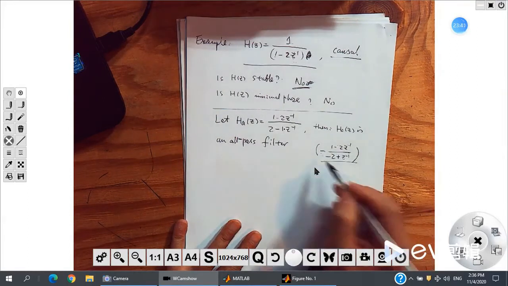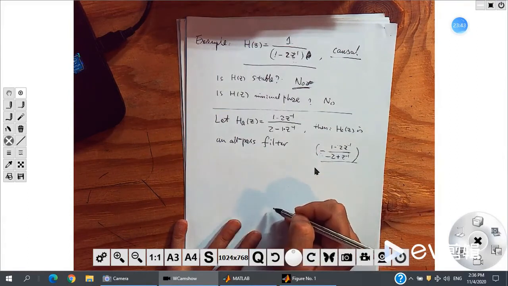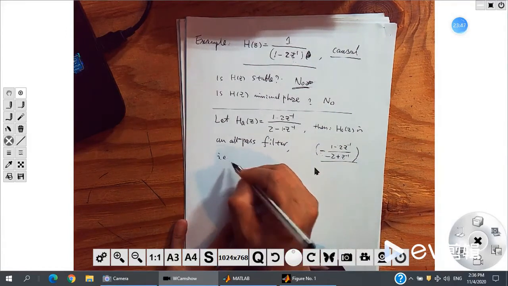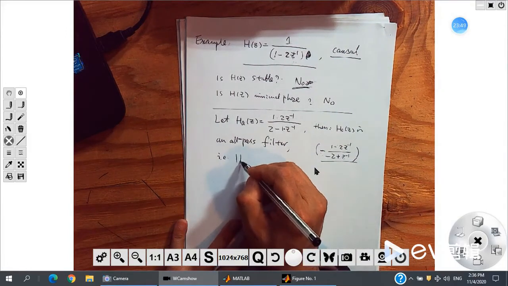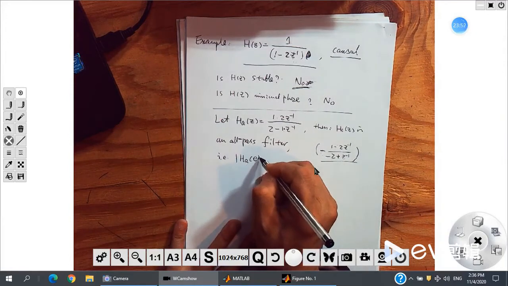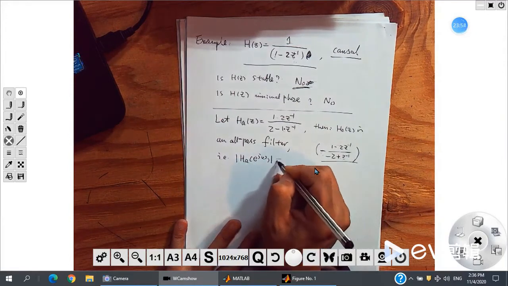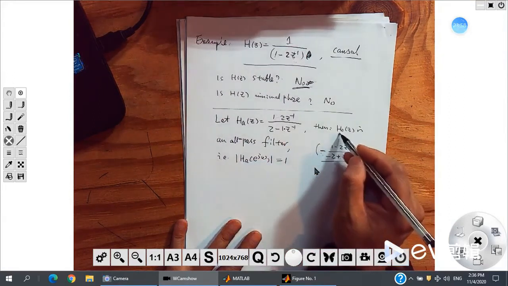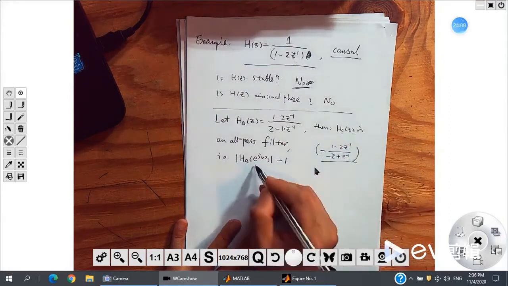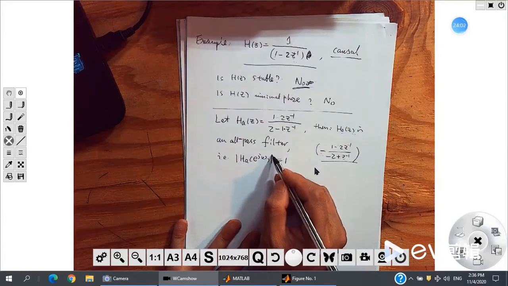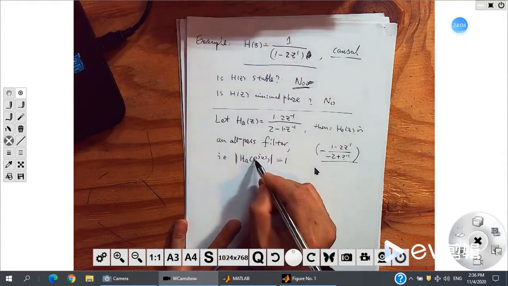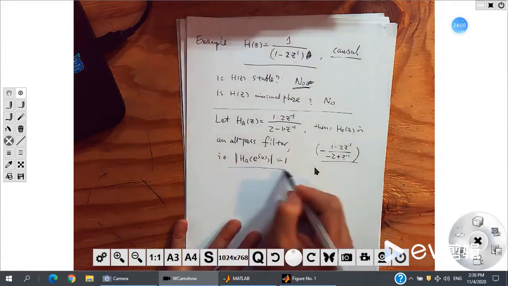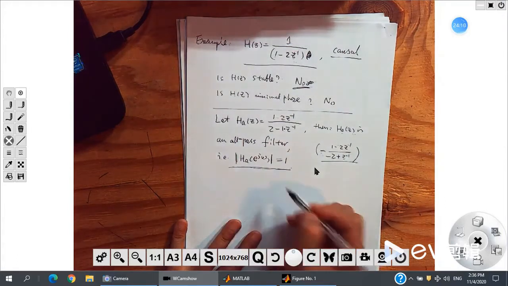In other words, the magnitude of H_A(e^{jω}) equals 1. Here you have to note the absolute value is not 1 for general z. When you say all-pass filter, you have to use the frequency response, so it should be e^{jω}, not z.